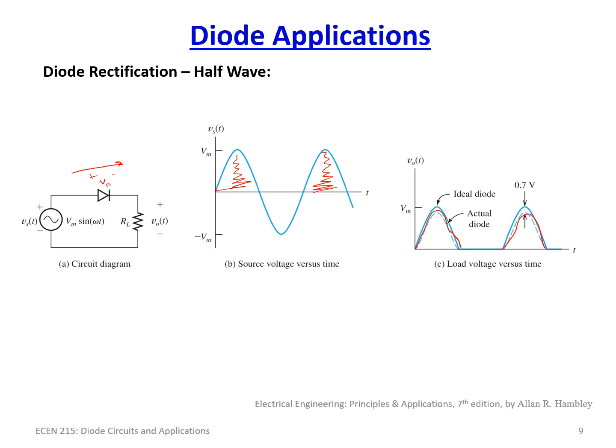This is going to be VD. So here V out is going to be equal to VS minus VD. But of course that only occurs during the positive side of the cycle. So that is known as a half-wave rectifier.